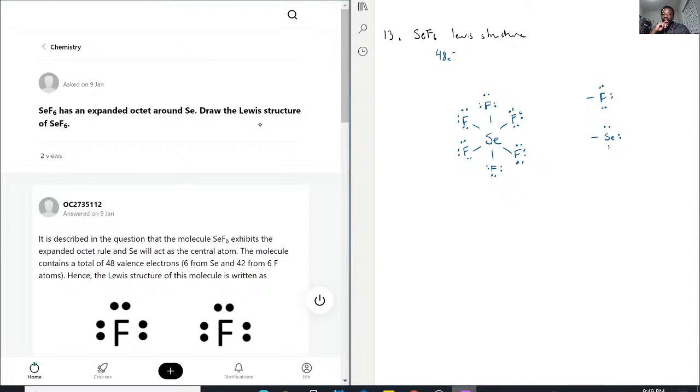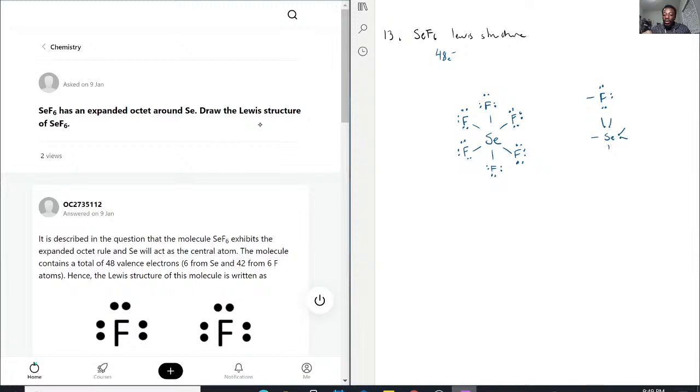In this case, having a lone pair can be switched to having 2 bonds and you would still have the same formal charge. What do I mean? If I did this, we still have a net formal charge of 0 on the selenium. That is still 0.